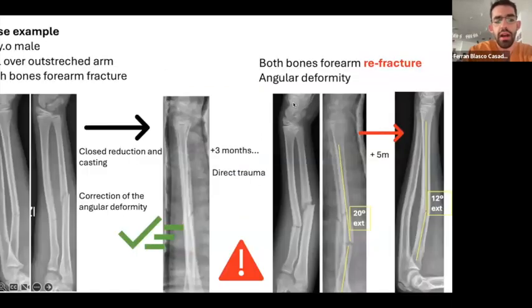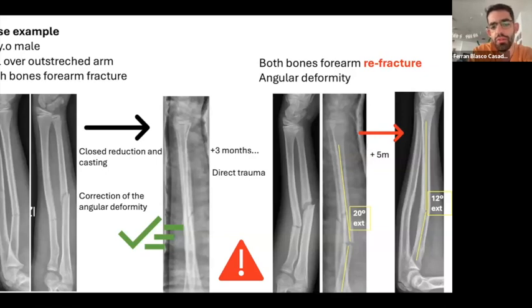Here we present our case, which is a 13-year-old male who fell on an outstretched arm and suffered a both bone forearm fracture. It was treated conservatively with closed reduction and casting, and as we can see in the lateral X-ray, correction of deformity was achieved.